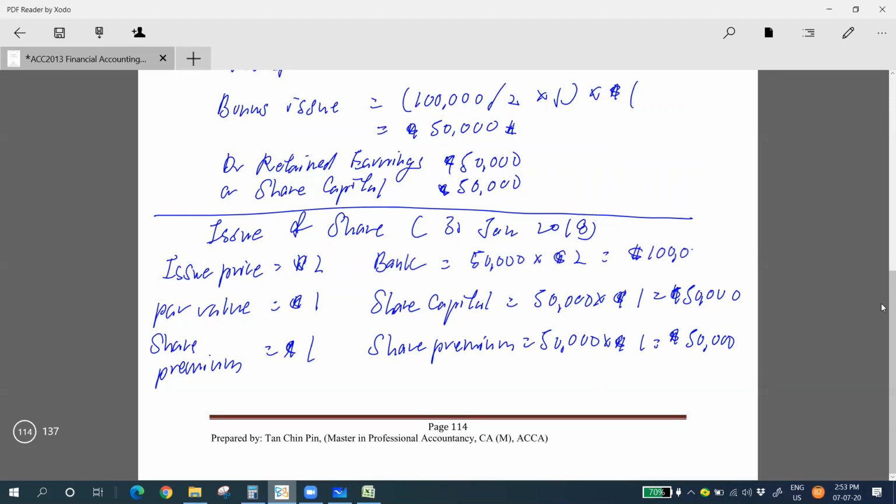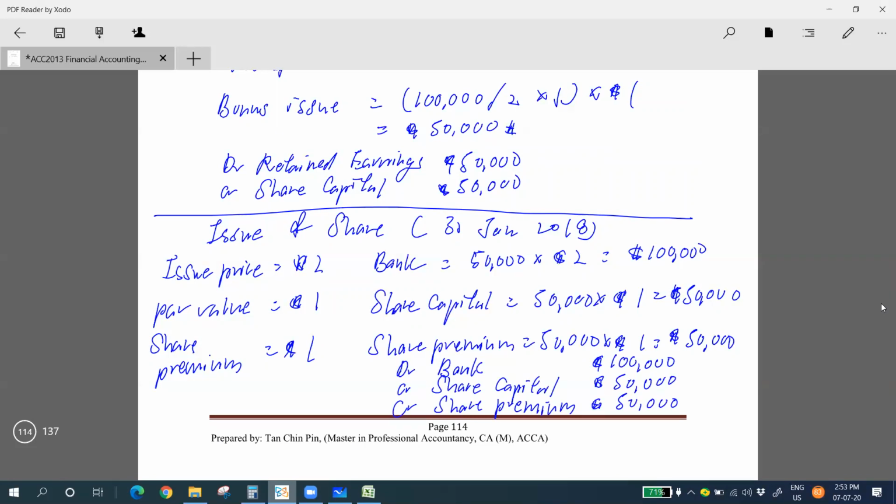So I receive 100,000. Double entry, we debit bank, credit share capital, and credit share premium. The amount for bank is 100,000, 50,000 for share capital, and another 50,000 for share premium. So this is the working, and later on we are going to reflect this working in our ledger.